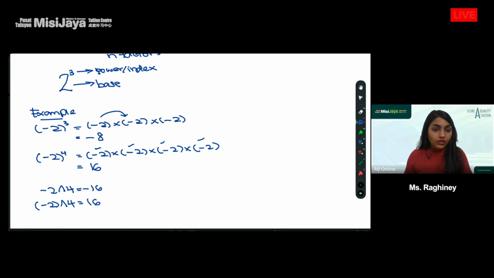We learned previously that negative times negative is positive, positive times negative is negative, and so on. When the power is 4, we can easily see there's a mistake here. But if it becomes negative 2 to the power of 56, what are you going to do? Write it all down and check one by one? Cannot, right? Always use your brackets. Don't forget your bracket.